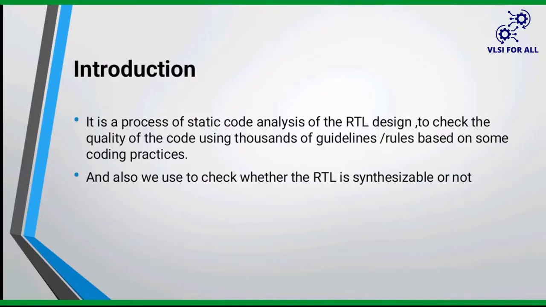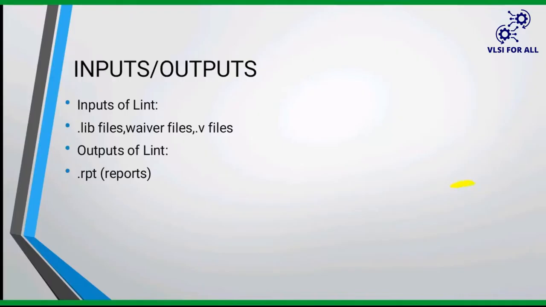All these checks come under lint. And why do we use lint? We use lint to check whether the RTL is synthesizable or not. Since whether the RTL is usable for doing a work or not, for that purpose we use lint. This is the introduction.